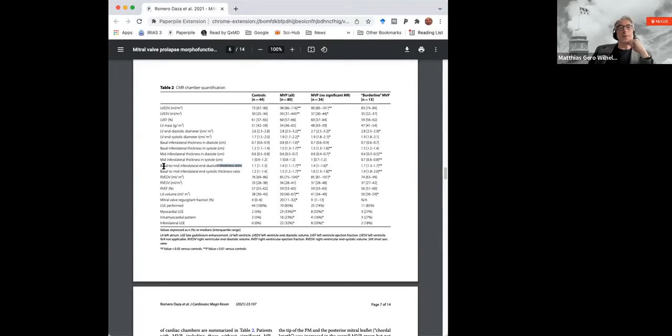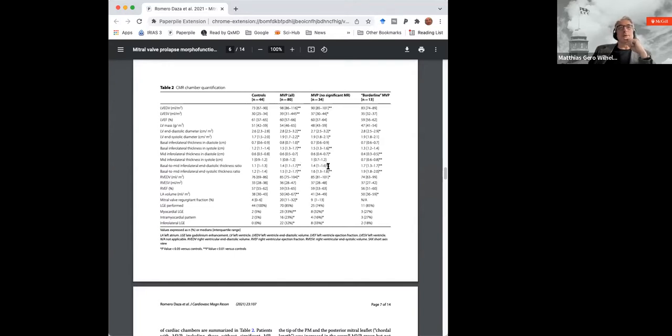But then the other important aspect is here, the basal to mid-inferolateral end-diastolic wall thickness. So especially the ratio between the basal to mid, that was different with some overlap, but still statistically significant.